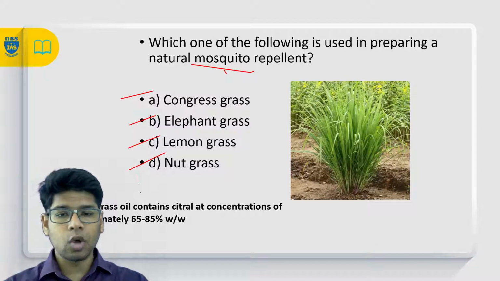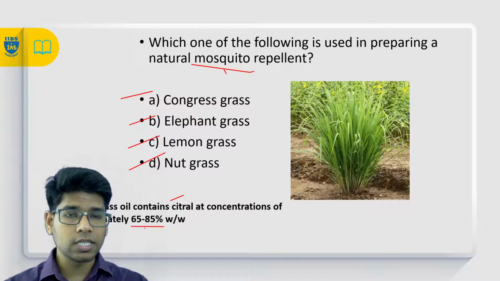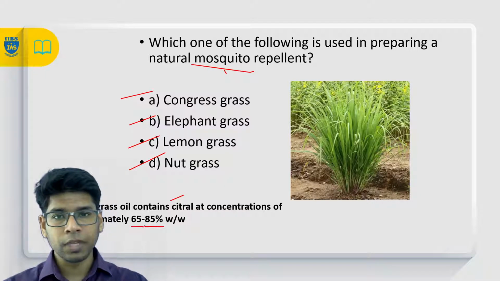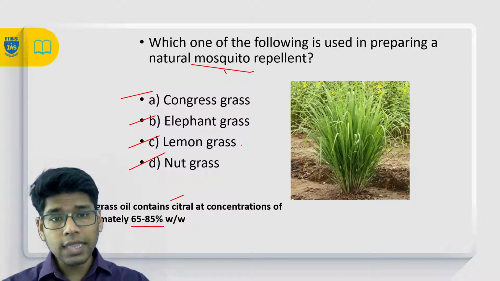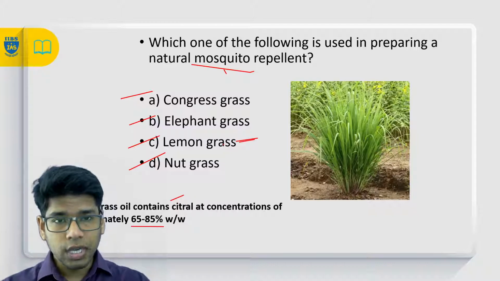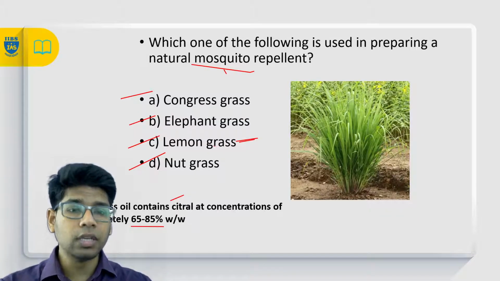Lemongrass oil contains citral at concentrations of approximately 65 to 85%. Citral is something which is actually present in the citrus species, right? So the lemongrass has this kind of citral which makes the mosquito not find the body.